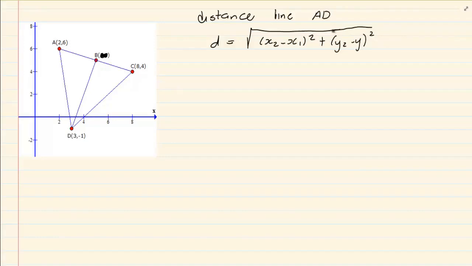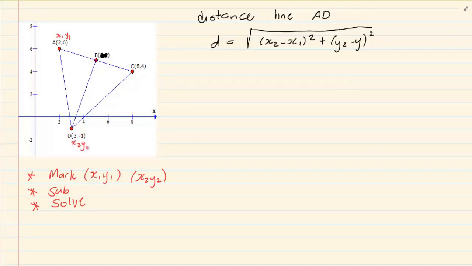Now, analytical works on three basic rules. Basically, you're going to mark your x1, y1 and your x2, y2. Then you're going to substitute into the correct formula and you're going to solve. Now, if I want the distance of AD, then I'm going to mark my x1, y1, my x2, y2.